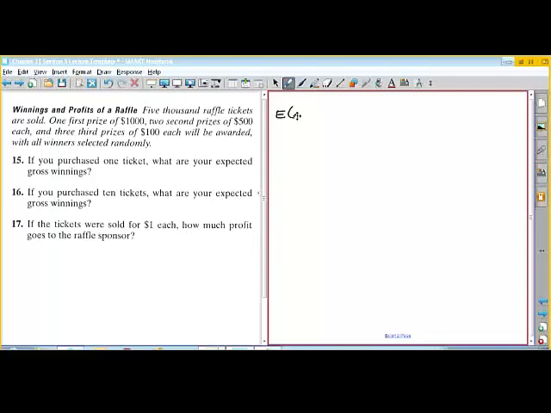So if we want to look at expected gross winnings, all we have to do is take the probability of winning $1,000 multiplied by 1,000, plus the probability of winning 500 times 500, plus the probability of winning $100 times the value.